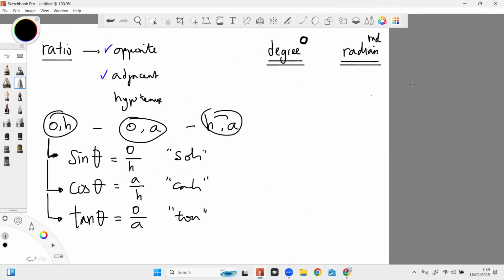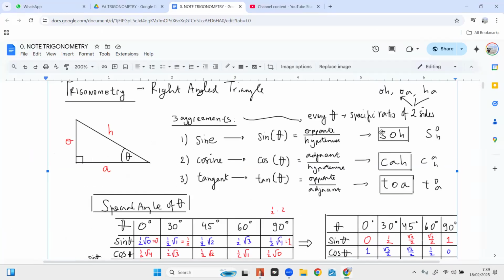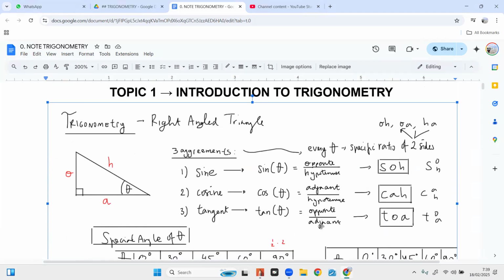But later on, we continue that. I want to cross-check with the previous note. Hopefully it's complete. See? So we did this part, and we go for the special angle after this.